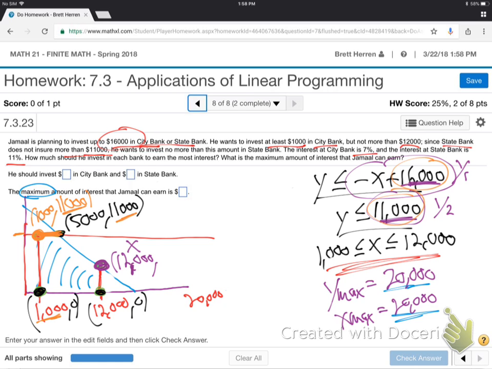Plug 12,000 in for X there. Minus 12,000 plus 16,000? 4,000. Everybody see what happened there? Y is minus X plus 16,000. I plugged in minus 12,000 plus 16,000. I got that dot. I got my 5 dots. Now just plug them all in and pick the maximum.